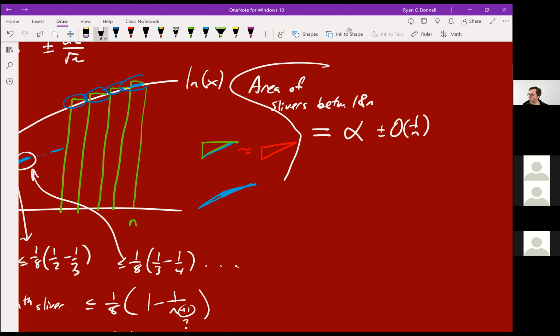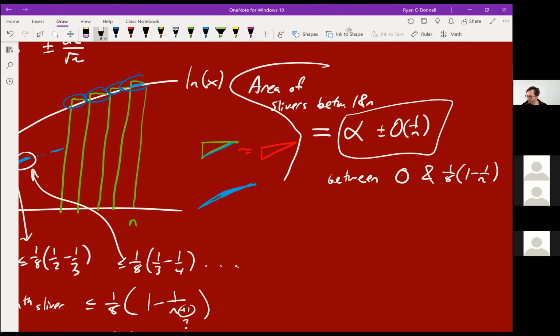No matter what. Well, the thing we kind of know is, we have this area of the slivers. We know it's between 0 and 1/8, 1 minus 1 over n or something. Yeah, so I guess you're just saying we need to be a little more clever with the 0 side. No, not really. Here's what could be the case.